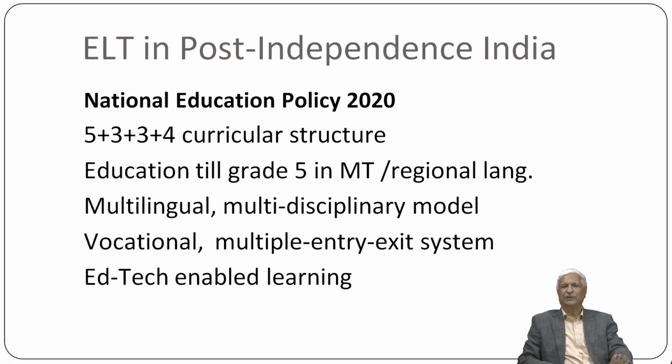At the same time, it should also be multidisciplinary. So, arts and science should not be seen as opposed to each other. They should not be seen as either or. Even arts and science, or arts and commerce and management, should be seen as complementing each other.